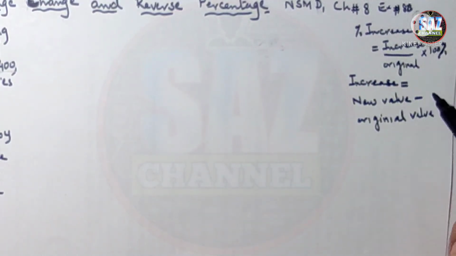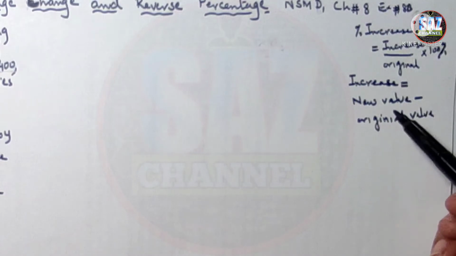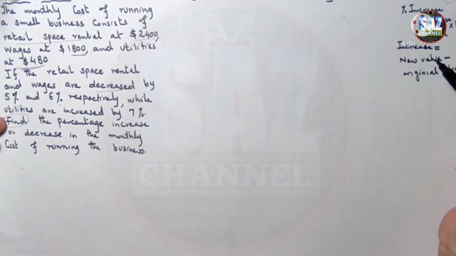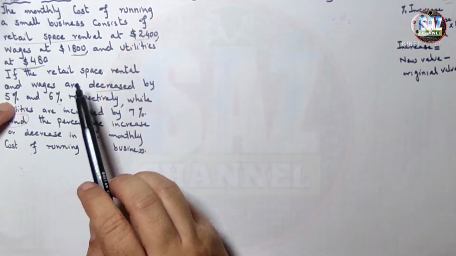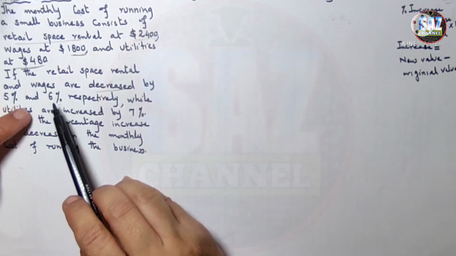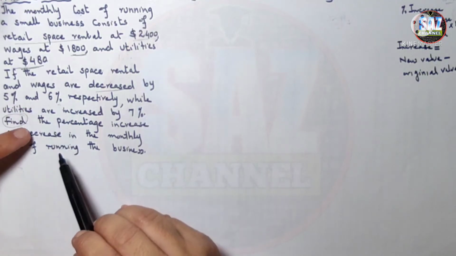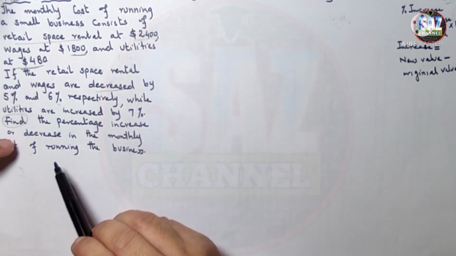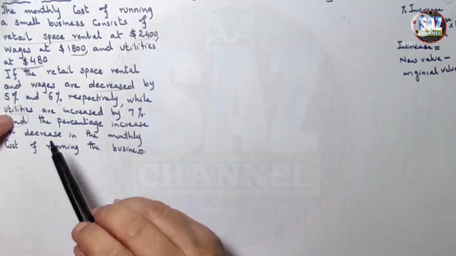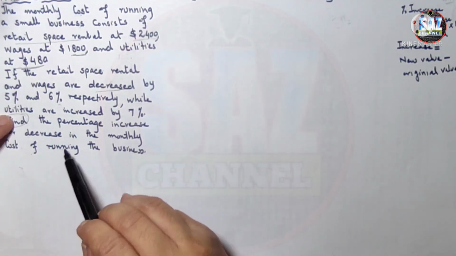So as we have to find the percentage increase or decrease, first of all we have to find how much total expenses were there in the beginning, and after the decrease of 5% in retail space rental and 6% in wages and 7% increase in utilities, what is the new cost of running the business?